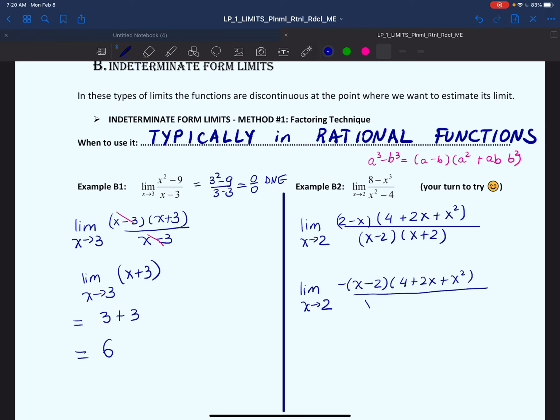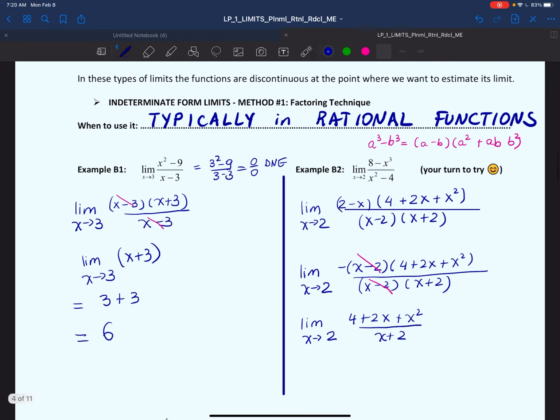And down here we have x minus 2 and x plus 2. And now we can see the common factor more easily. I will write the simplified form first. Okay, and we have 4 plus 2x plus x squared over x plus 2.